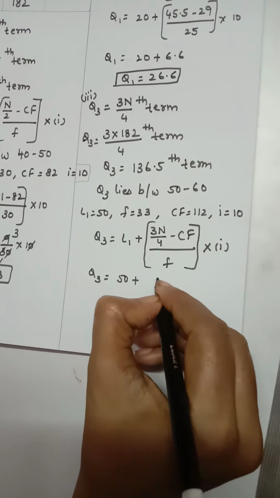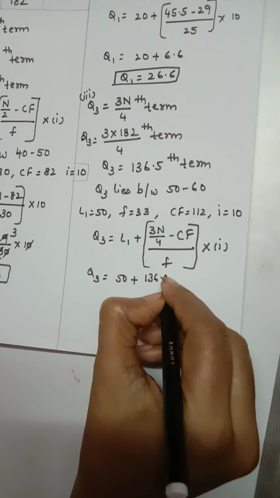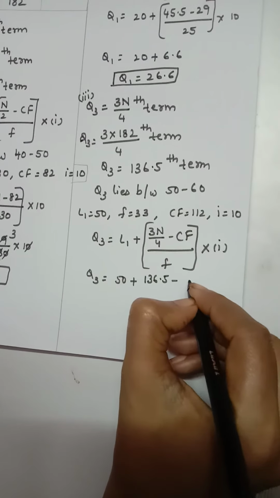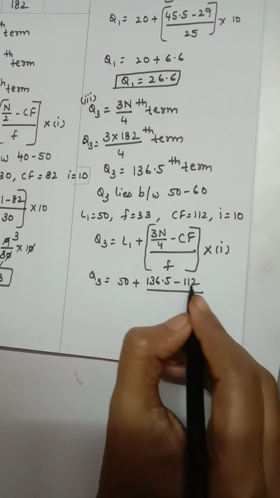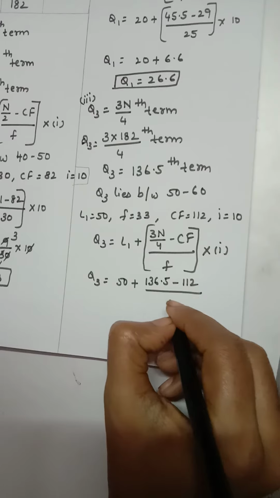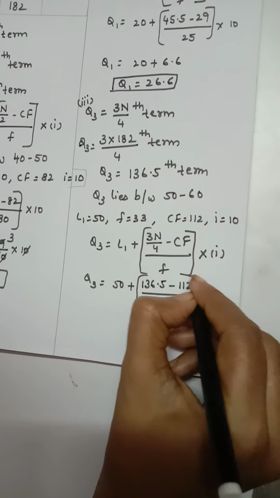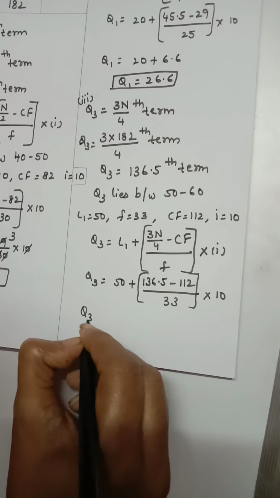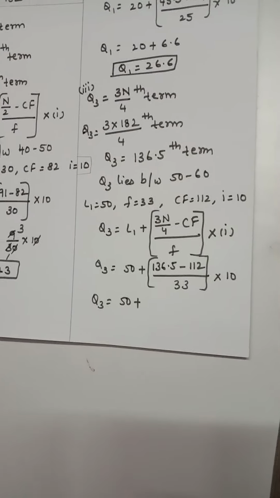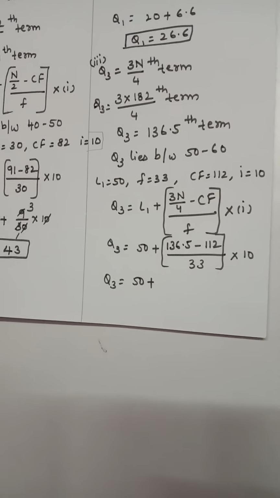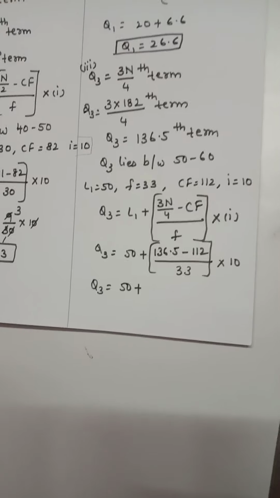Now substitute the values in the formula: 50 plus 3n by 4, which is 136.5, minus CF, 112, divided by frequency, 33, into 10. So 50 plus 136.5 minus 112 divided by 33 into 10.